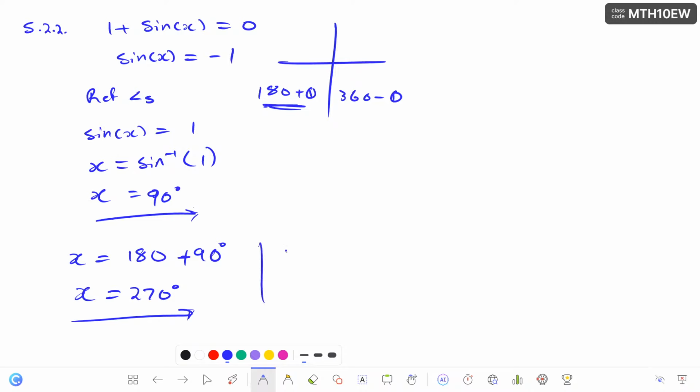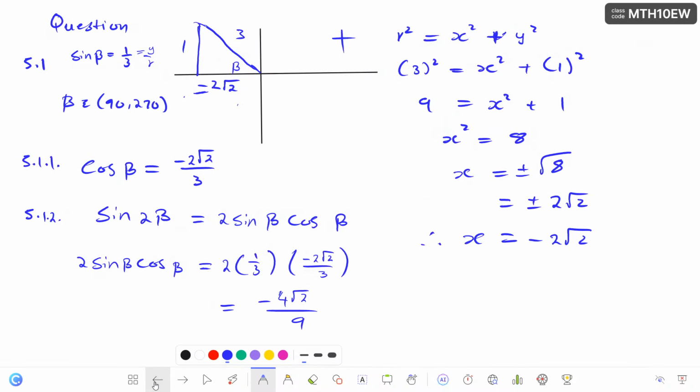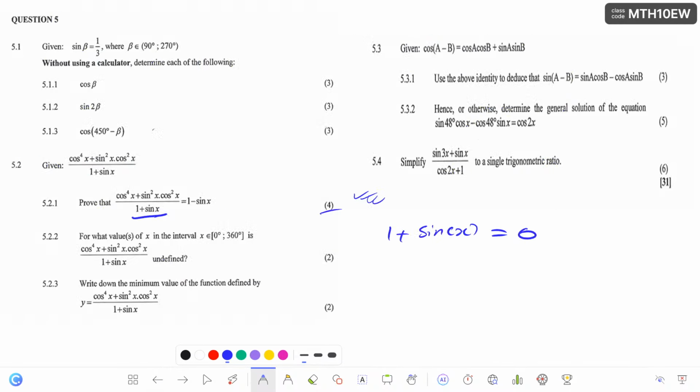The other one is x is equal to 360 minus 90. So even here, we're going to get x as 270 degrees. So this is the value of x that will make this function undefined. Because you can use a calculator and check, 1 plus sine 270 is 0. So 0 in the denominator of this function is going to be undefined.